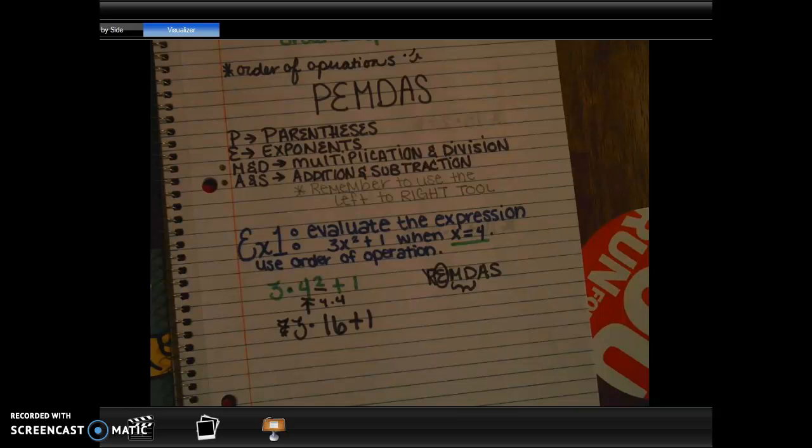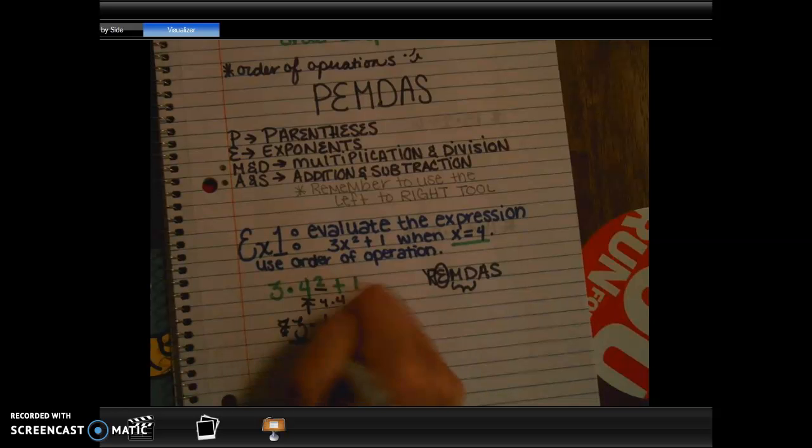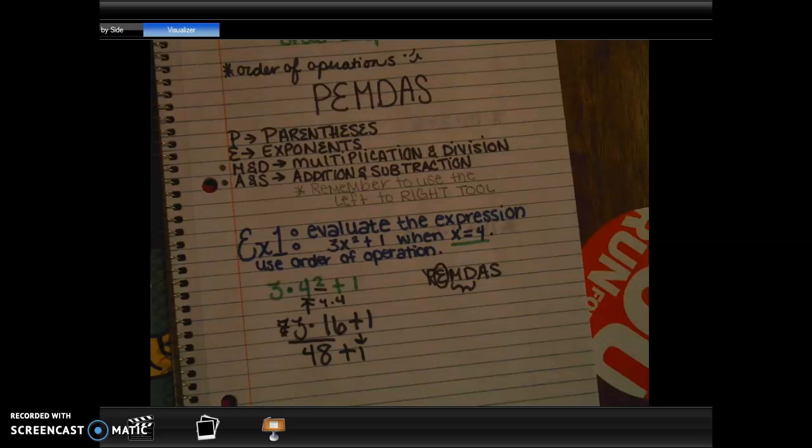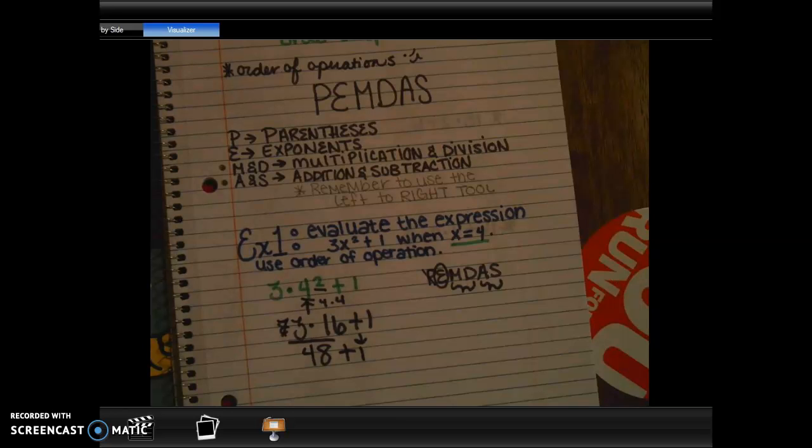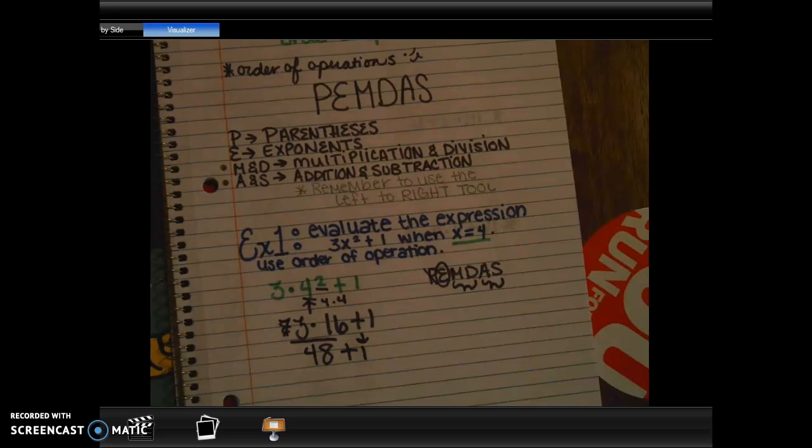Gonna check my calculator. 3 times 16, 48, yeah. So we handle that and just bring down what else we have left. Okay, there's no other multiplication or division, so we don't have anything else to do there. Next, we're going to check for addition or subtraction. We have some addition happening. We have 48 plus 1, which gives us our final answer of 49.